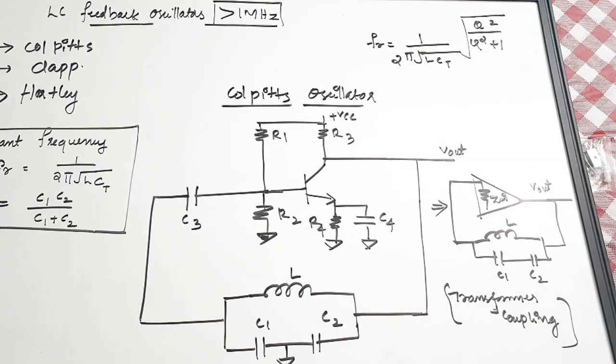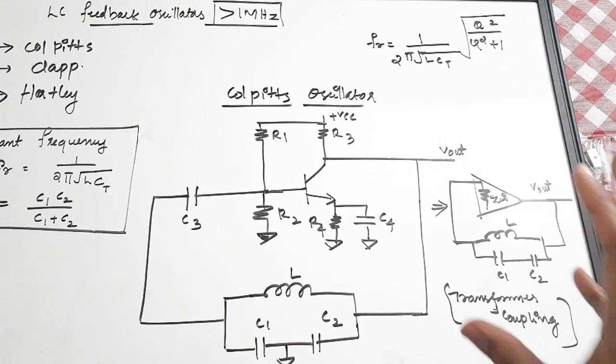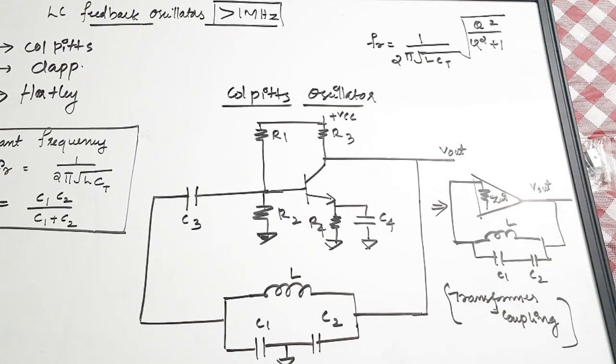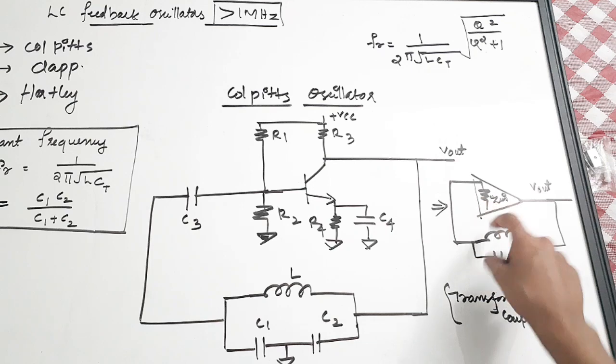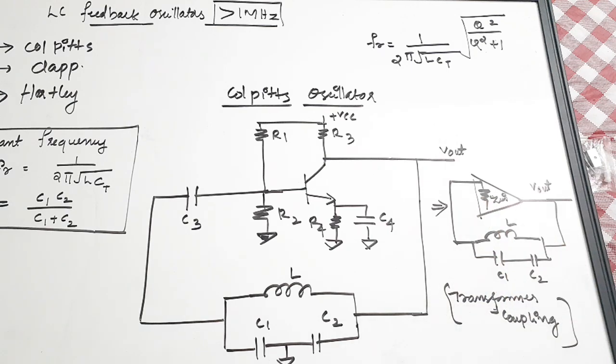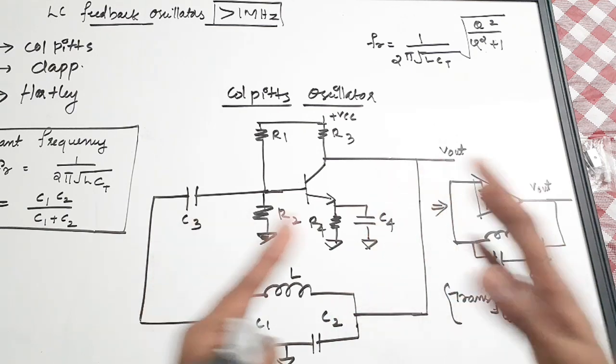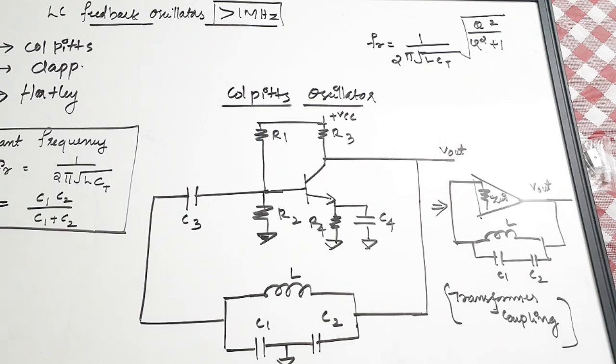So this input impedance will have a negative effect, acting as a load to the feedback unit. To represent that, this Zin has been shown, or you can consider this as an equivalent circuit of Colpitts.